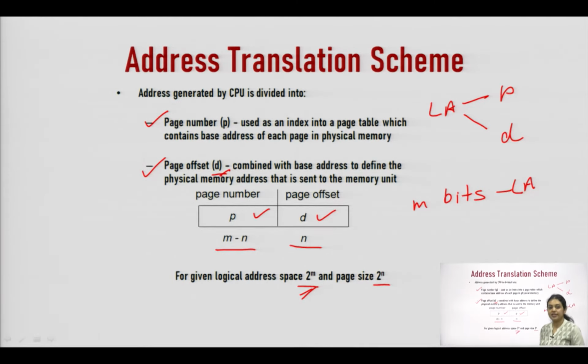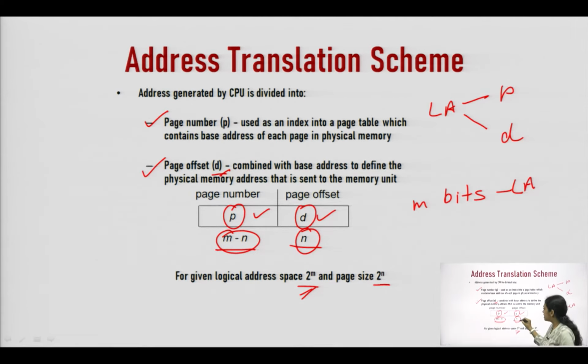So, the logical address is of total m bits. Now, the page size is 2 raised to power n. Here we divide the logical address into two parts, P and D, where P is the page number, represented by m minus n bits, and D is the page offset, represented by n bits.